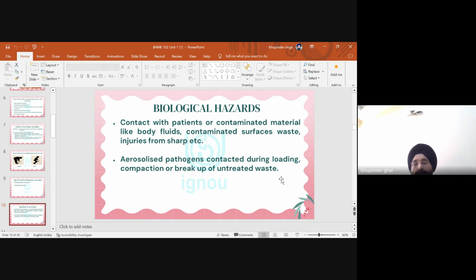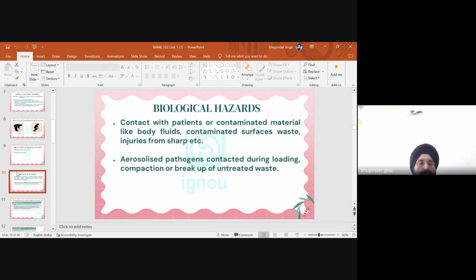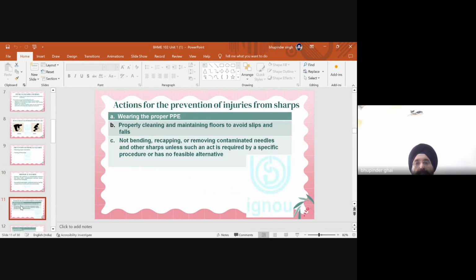The dust will contain microorganisms because it is from the contaminated waste. So when that dust in the atmosphere is inhaled by a person working near that area, he will get infected. So this is biological hazard and how the person is exposed.